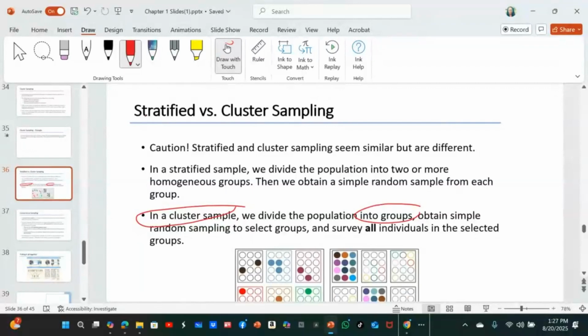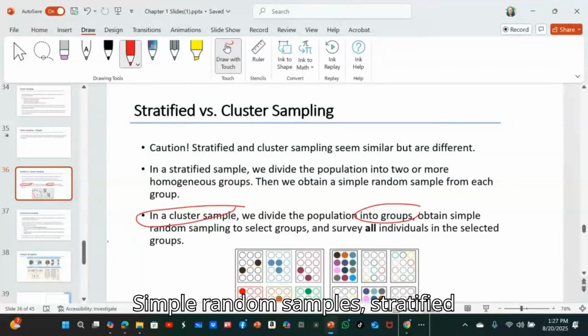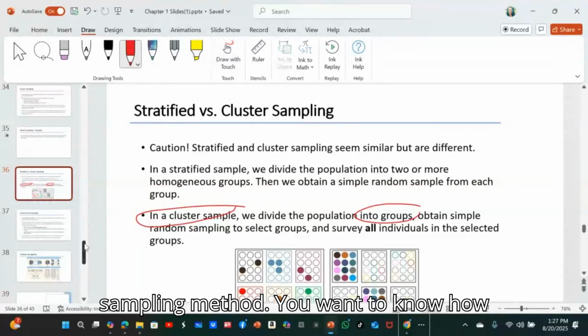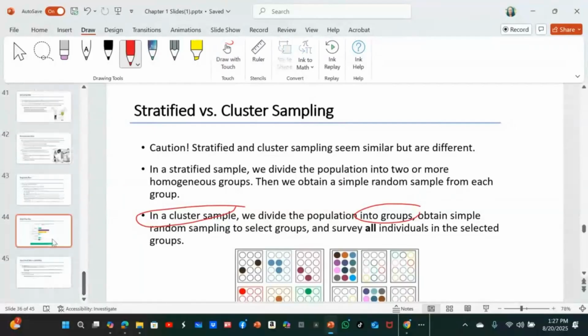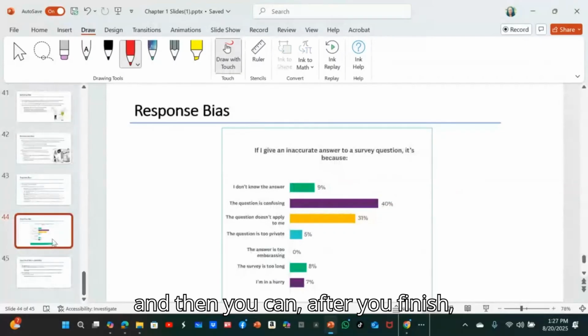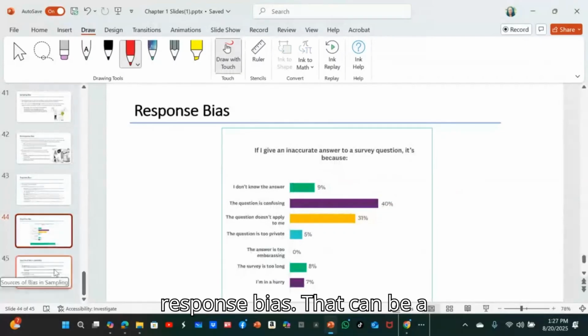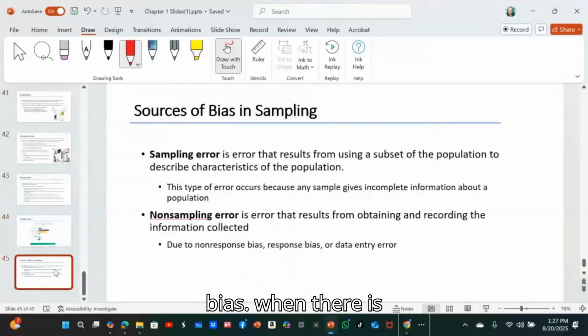Okay, so remember there are 4 of them: simple random sampling, stratified sampling, systematic sampling, and cluster sampling. You want to know how they are done. And then there is response bias. There can be a bias when there is a response.